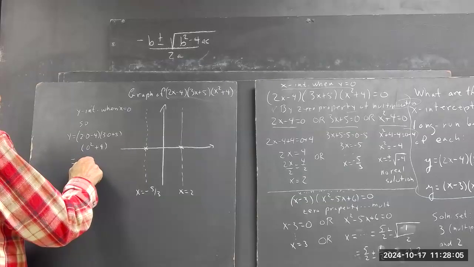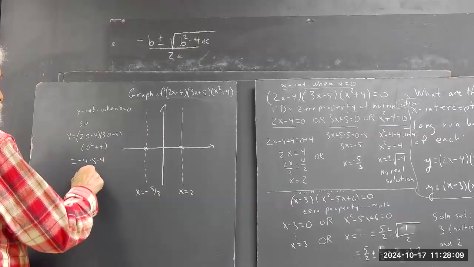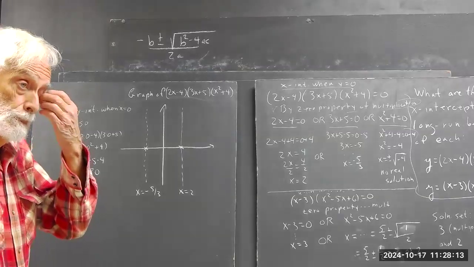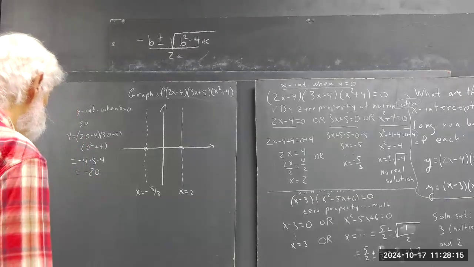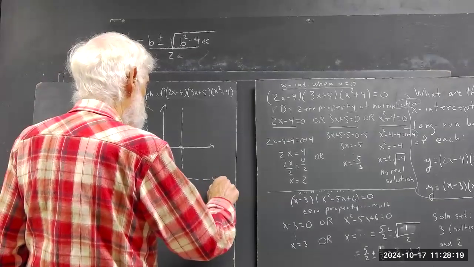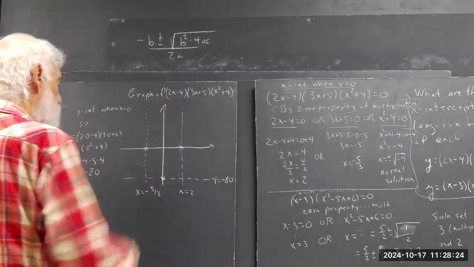That equals -4 times 5 times 4, which is -80. So let's go ahead and draw a line for y equals -80 and locate our y-intercept here.